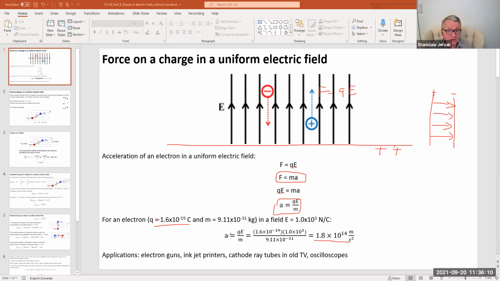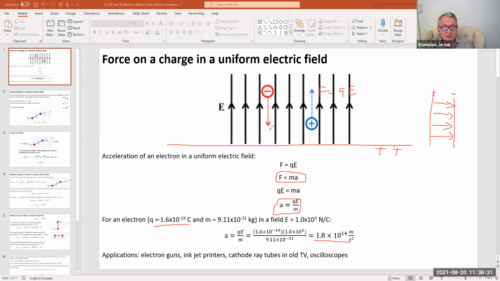Or in another application, a beam of electrons might be accelerated to irradiate cancer cells, a tumor. And in many hospitals, there are these electron accelerators because these electrons can destroy the cancer cells.